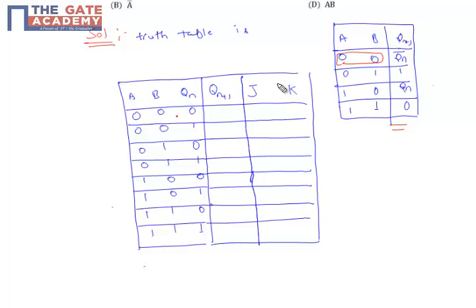So here as our inputs A and B are 0 0, our output is going to be Qn bar, which is here 0, so output is 1, here is 1, so output is 0. And when our inputs are 0 1, from our truth table we can see we are getting 1 at the Qn plus 1. So our output here in these two rows is going to be 1 and 1.